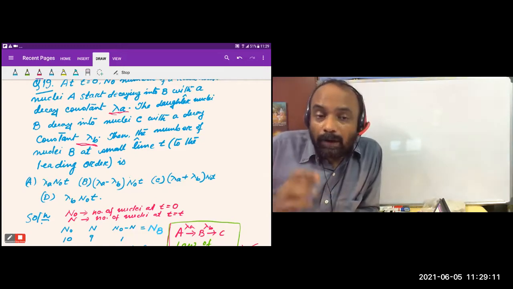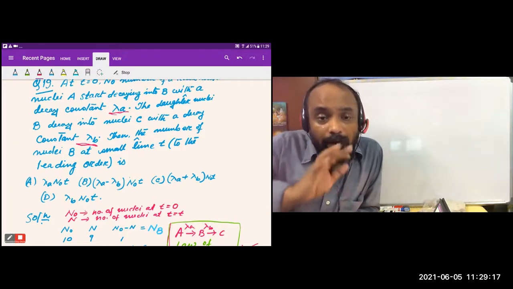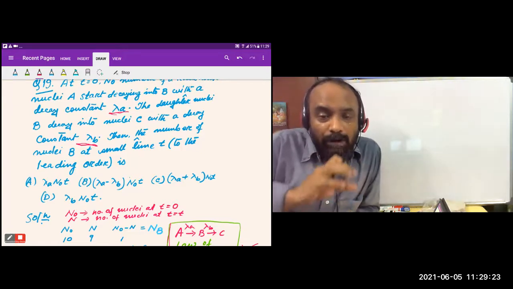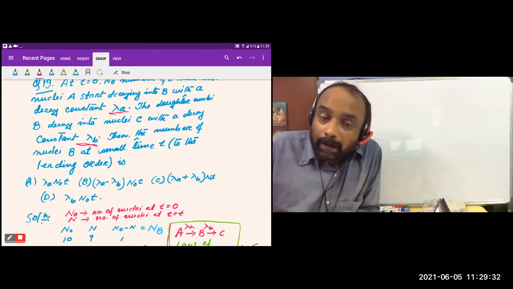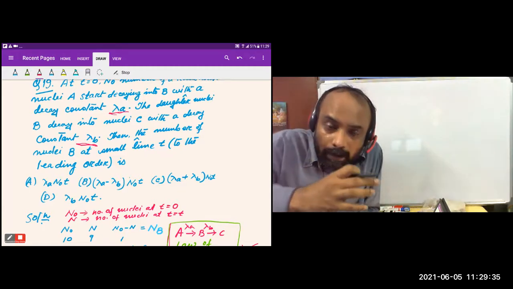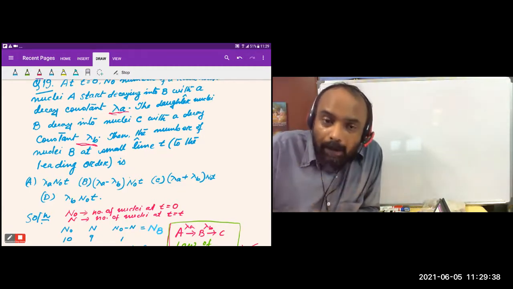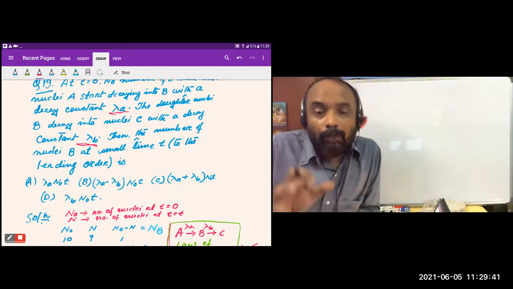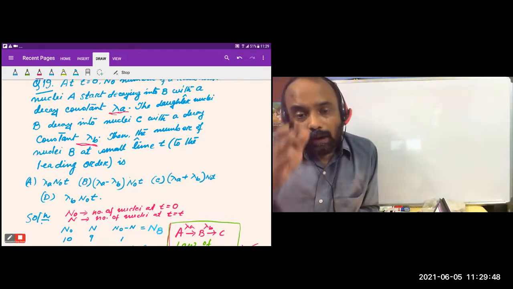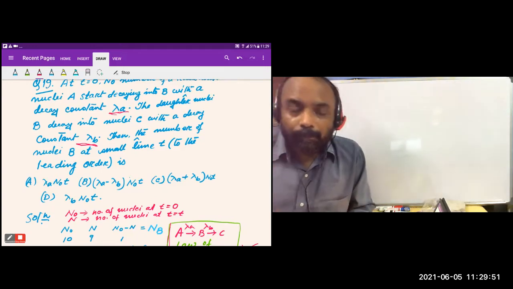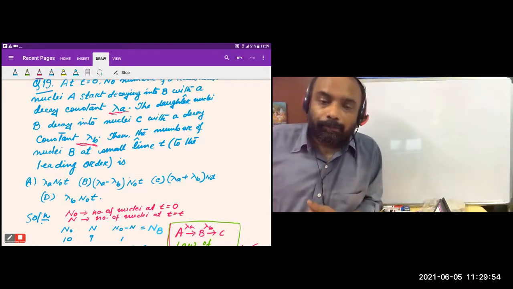Nuclei A. So if I think that D could be the right answer, I have to find out the number of nuclei generated from the disintegration of nuclei A, then the decay of nuclei B into nuclei C. So again I have to think from A to B and then from B to C. Again it is cumbersome.